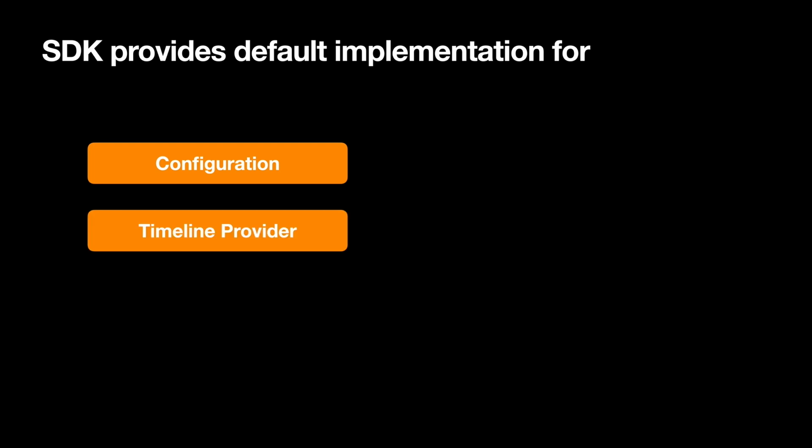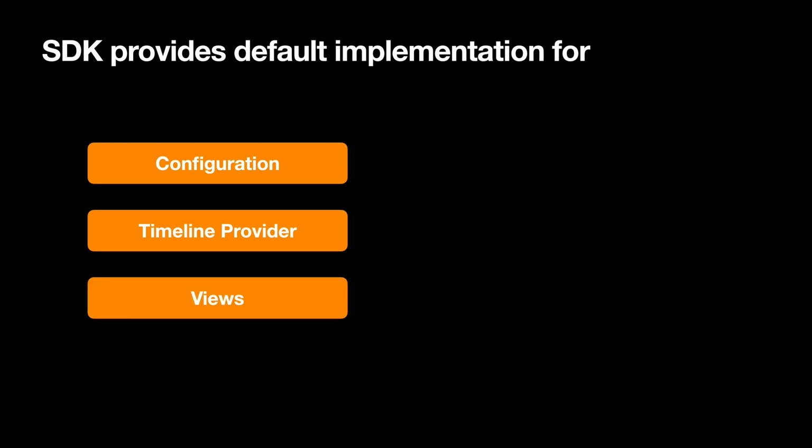So let's talk about the 3 key components of a widget as outlined in the WWDC session. First, there is a configuration that identifies the widget, determines whether the widget is configurable, and defines the SwiftUI views that show the widget's content. There is a timeline provider that drives the process of updating the widget's view over time.